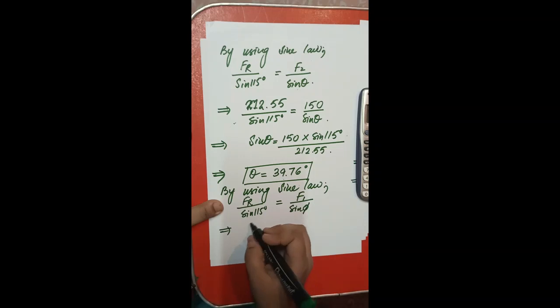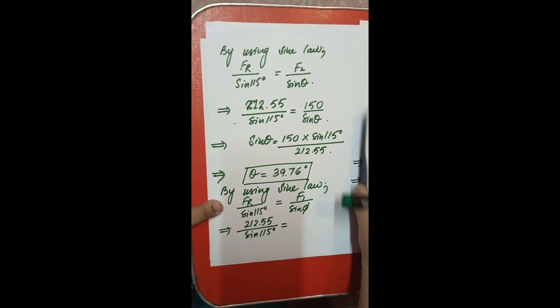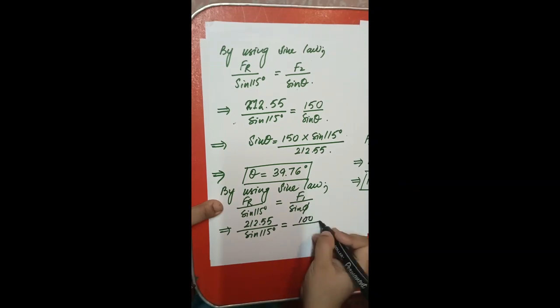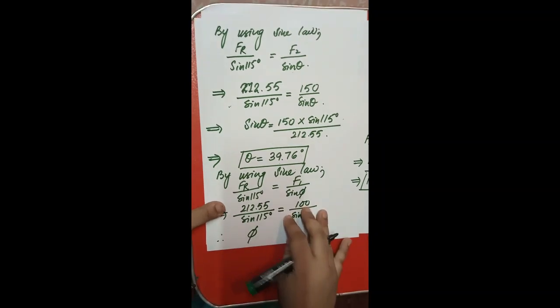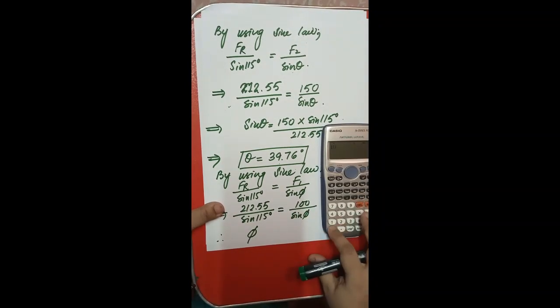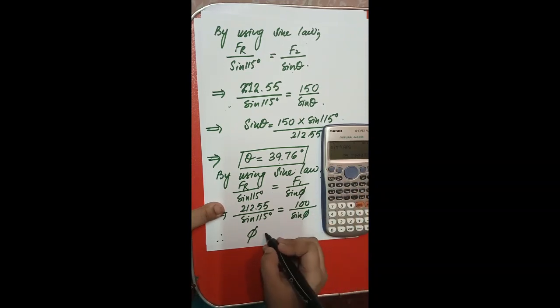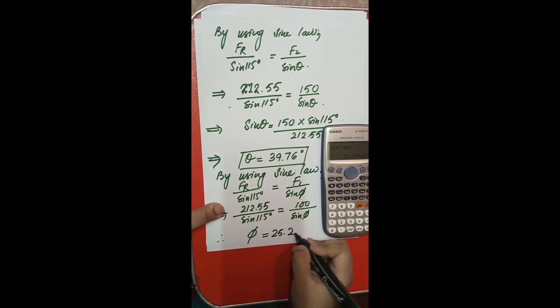The value of FR is 212.55 upon sine 115 degrees, and F1 is 100 Newton upon sine phi. Therefore phi will be 100 into sine 115 degrees, we do cross multiplication as we have already discussed, divided by 212.55, and we apply sine inverse on the answer, which equals 25.239 degrees.